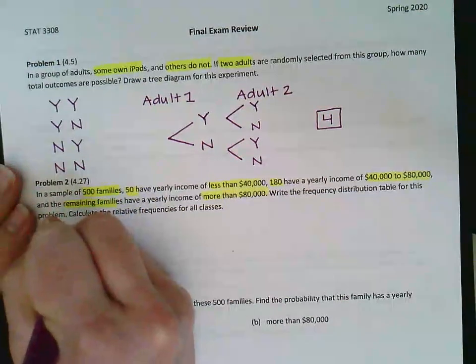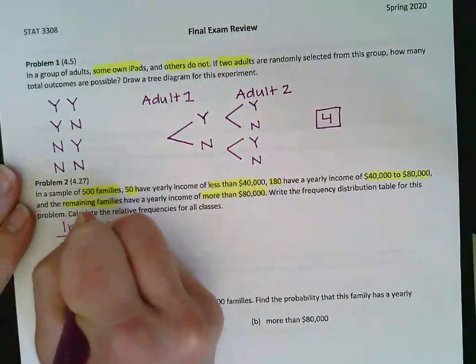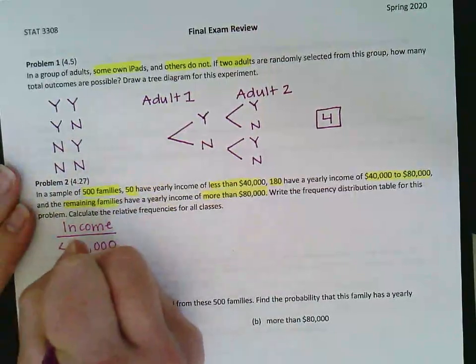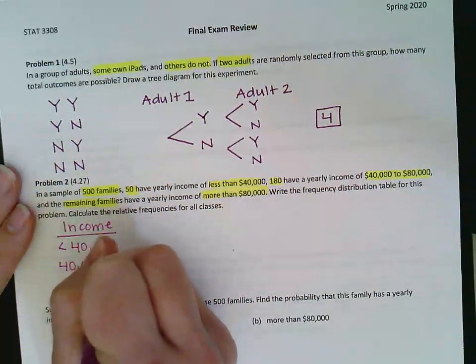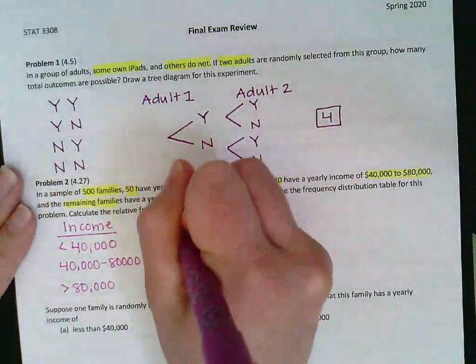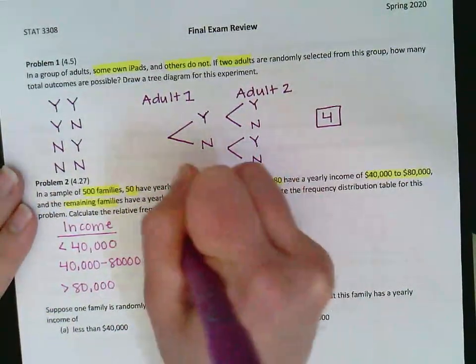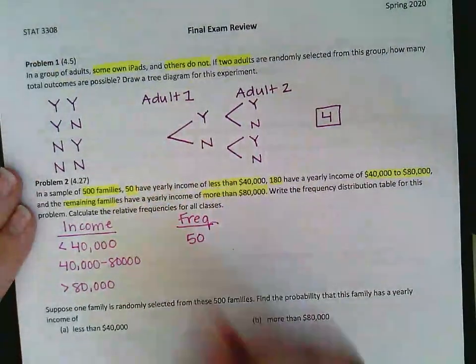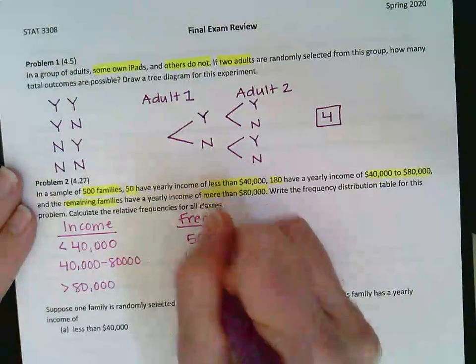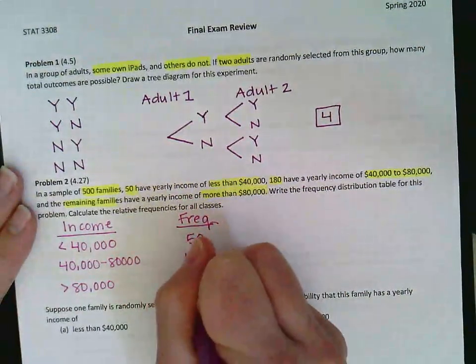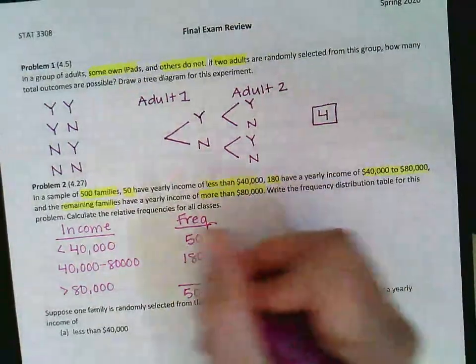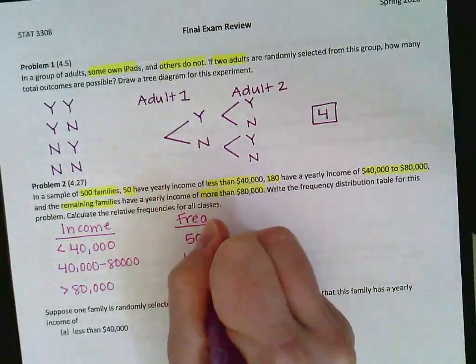It gave us between 40,000 and 80,000, and then more than 80,000. We then are going to have our frequencies. Okay, so here's 50. Here's 180. Now, if I have 500 total families, okay, I can find what's missing by adding up 50 and 180 and subtracting from 500, and you end up getting 270 when you do that.